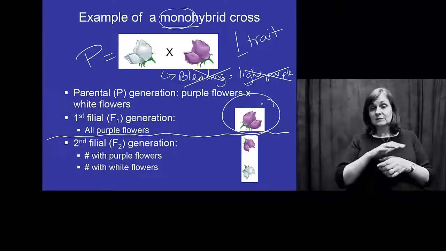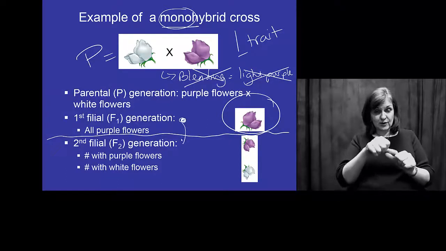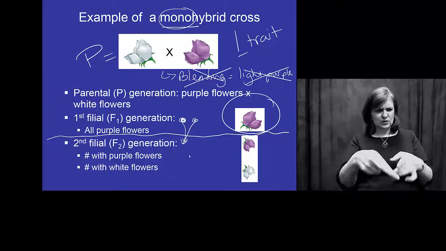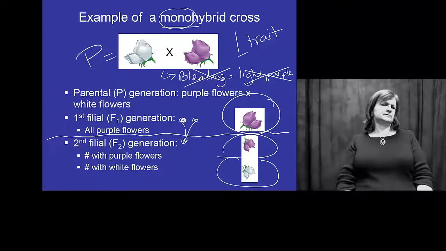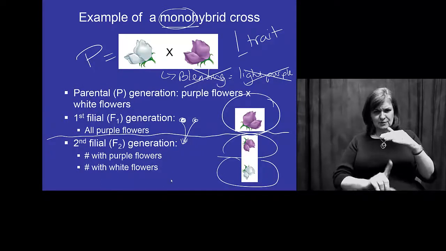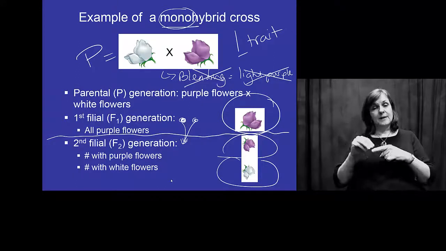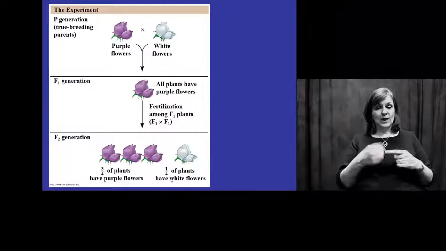Well, like this wasn't confusing enough, when he then crossed this first generation to produce a second generation, okay, he ended up with purple flowers and white flowers again. So these traits seem to be disappearing and reappearing, and so he's got to get a handle on this. And this is really what led him to start thinking about math.